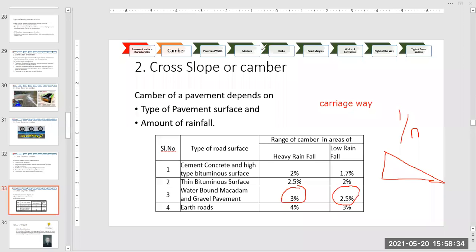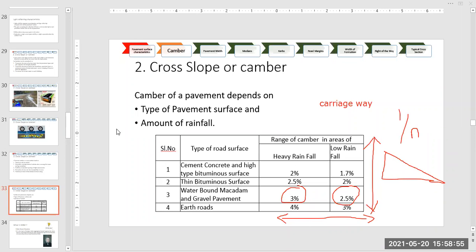You need to remember all these values, guys. Similarly for earthen roads, the camber should be given from 4 to 3%. We shall talk about this in detail tomorrow. Remember all these values from the exam point of view. They won't give these values to solve the problems.